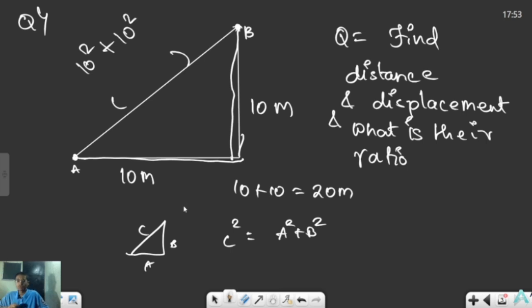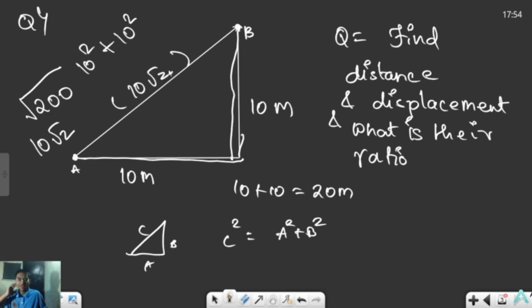So how do I write 200? Can I say this is root of 200? If I take 2 outside, it would be 10 root 2. So the displacement is 10 root 2. Am I correct now? Right, this is the correct answer. Please forgive me, my laptop is lagging right now.